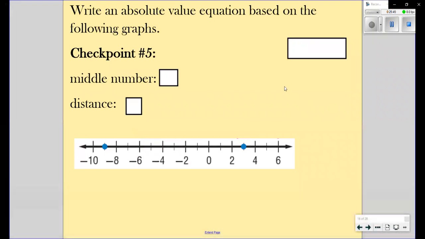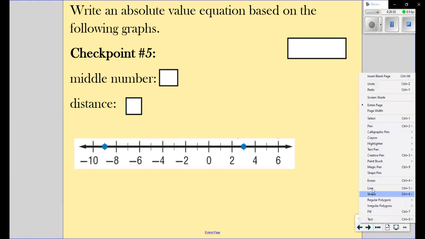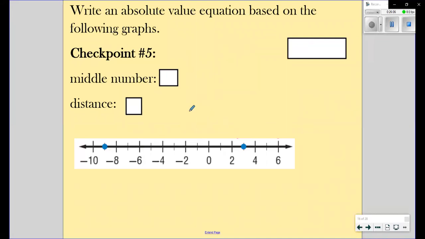Okay. So now we have to write an absolute value equation based on the following graphs. So notice how we used the equation in order to graph what was given. Now we have to do the opposite. So for this one, we try to find the middle number. You could hop on both sides, going in opposite directions until they meet, or you just do the average.